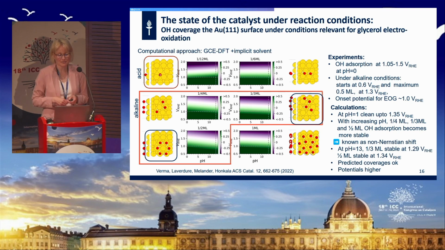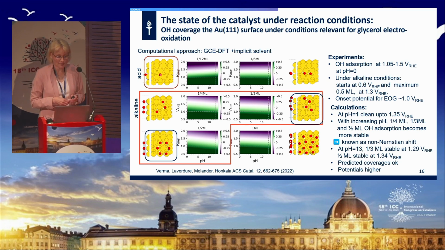The experiments say that under acidic conditions, OH adsorption starts at about 1 volt versus the reversible hydrogen electrode, whereas under alkaline conditions, it starts at about 0.6. The maximum of 0.5 monolayer is reached at about 1.3 volts. The onset potential of glycerol electrooxidation is around 1, and it's shown by the dashed line in the plot.